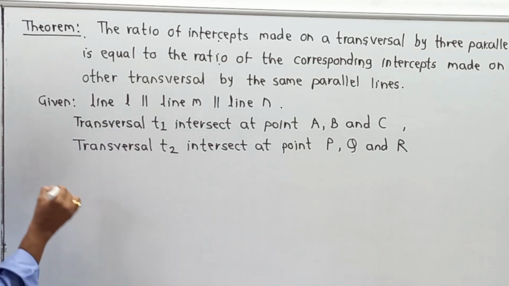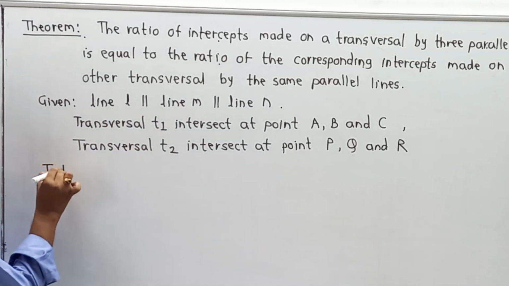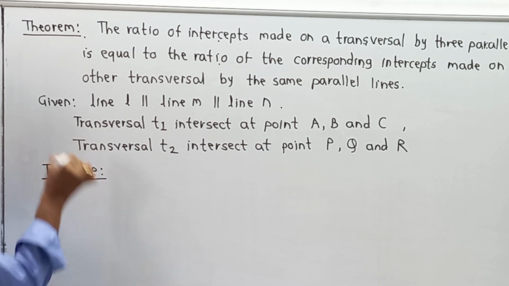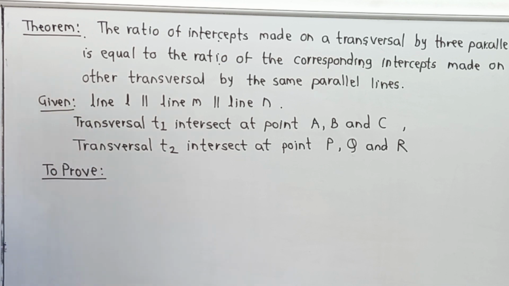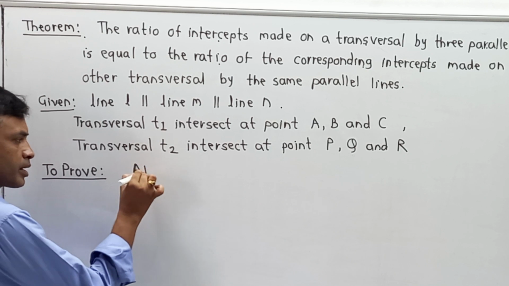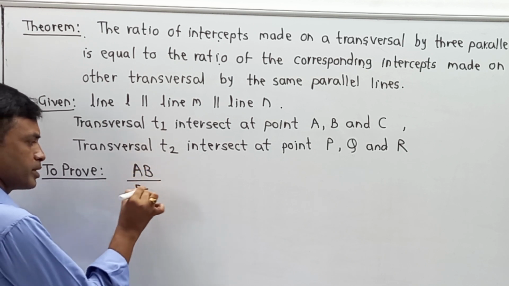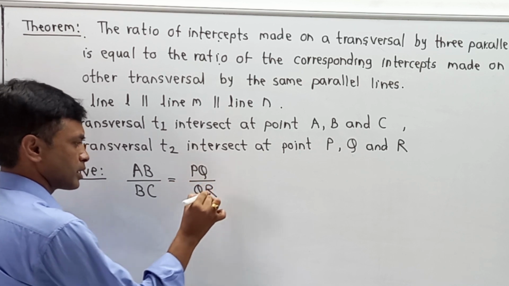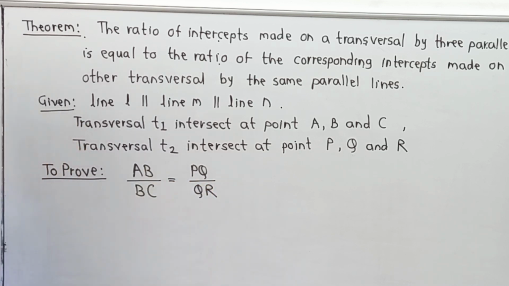Now what exactly we have to prove? So the next part is to prove. We have to prove AB upon BC is equal to PQ upon QR. This is the part that we have to prove over here.